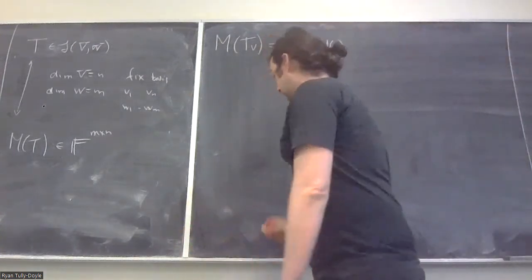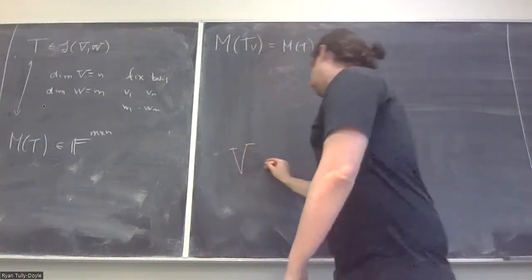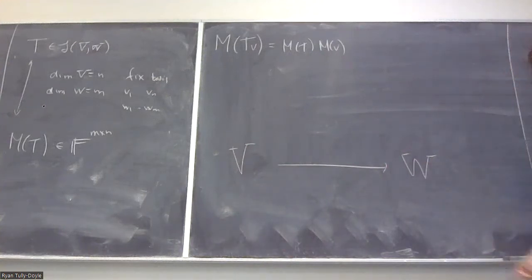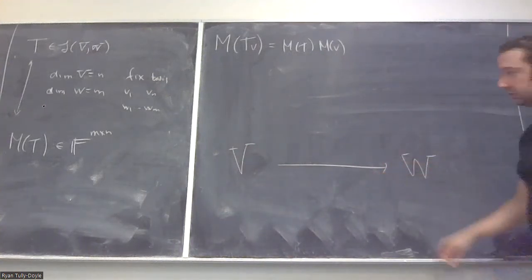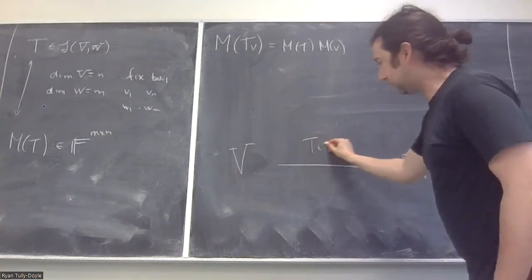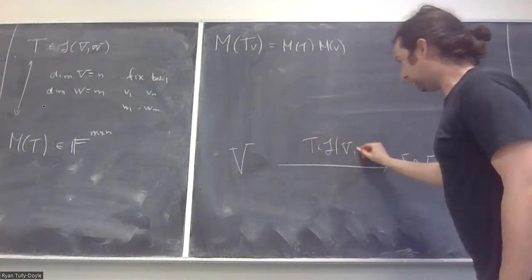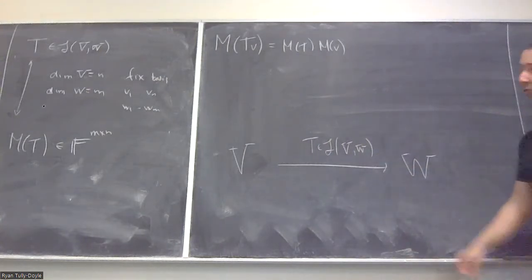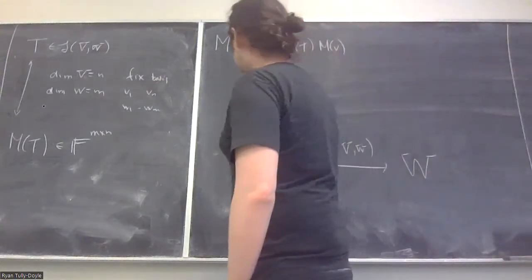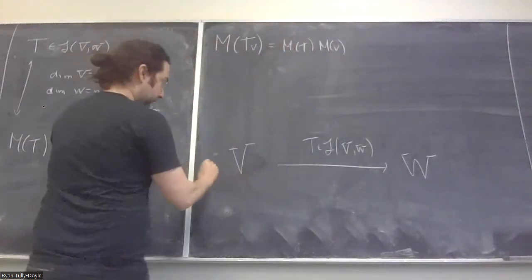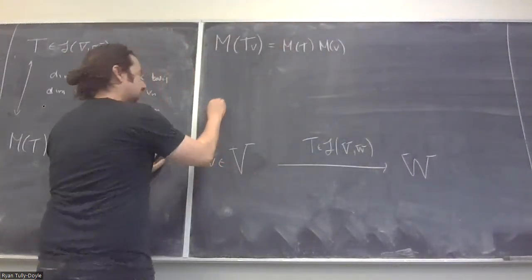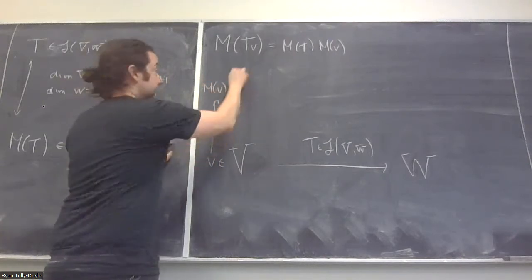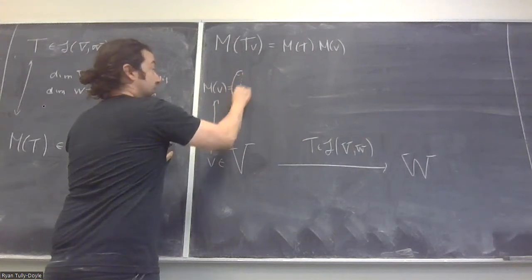The picture I want you to have is this. We have some vector space V, and over here a vector space W, and the map that gets us from V to W is the map T. So T is a linear map from V to W. Now V is an n-dimensional space, so any vector v in V turns into the matrix of v, which is a column vector, c1 to cn.